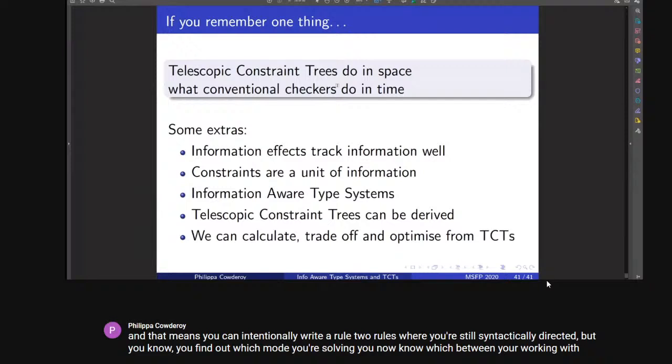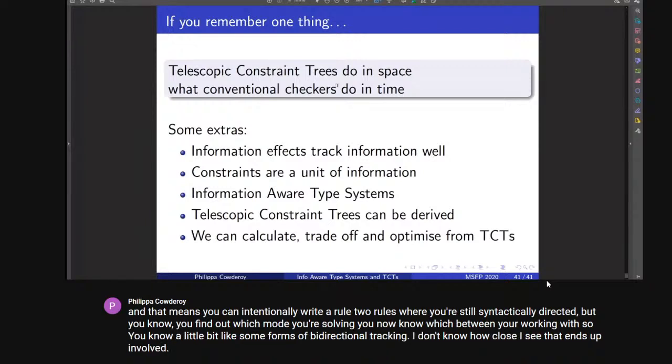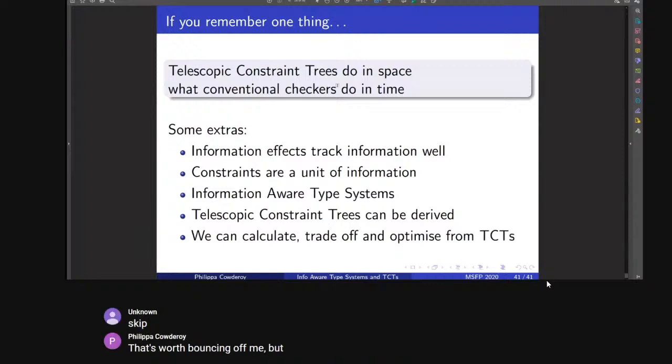So, yeah, a little bit like some forms of bidirectional checking. I don't know how closely that ends up involved with the colouring, because it's been that long since I've seen it. So I'm open to an explanation if that's worth bouncing off me, but maybe afterwards.